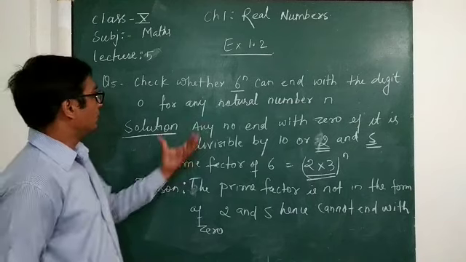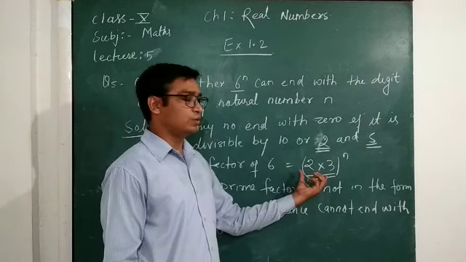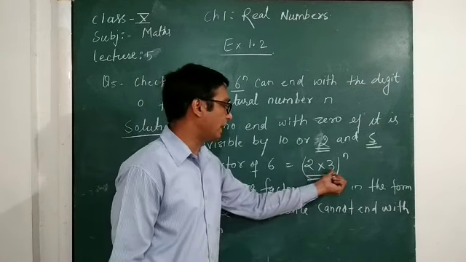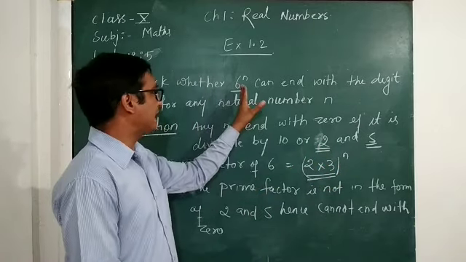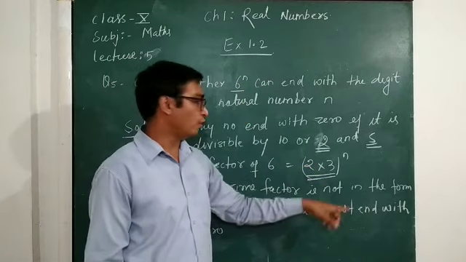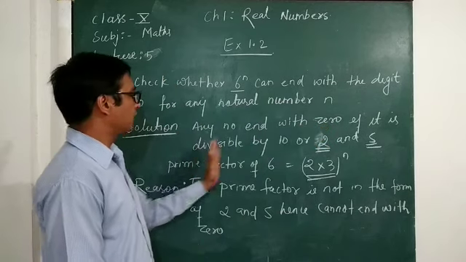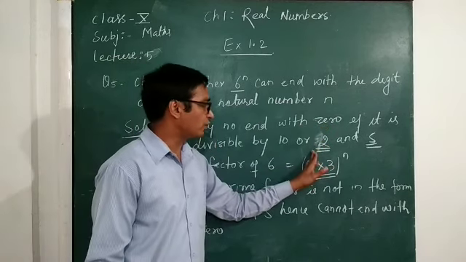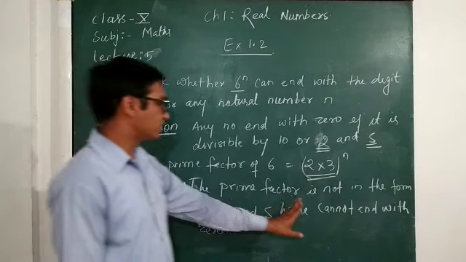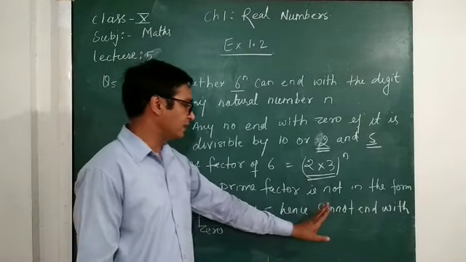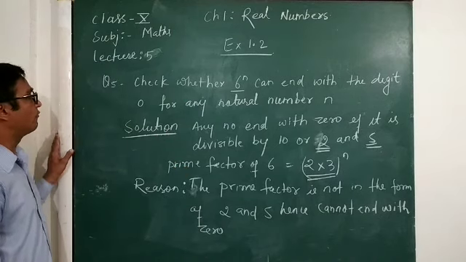So if such questions are there, you should always be careful that the number should have the prime factors 2 and 5. Then and only then it can be divisible by 10 and end with 0. If it is divisible by 10, it means this number has the prime factors 2 and 5. So hence the prime factorization does not contain 2 and 5, hence it cannot end with 0. So this is our question number 5.